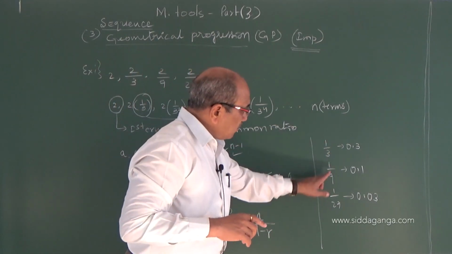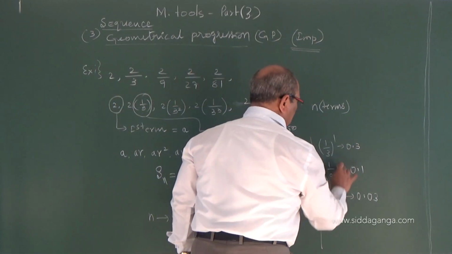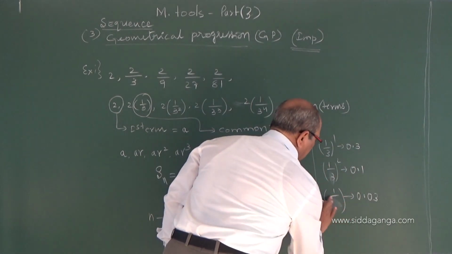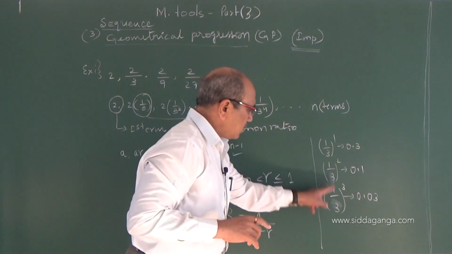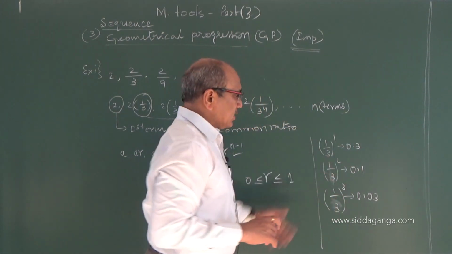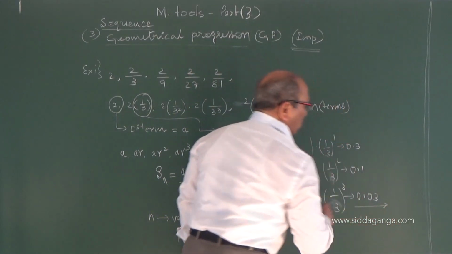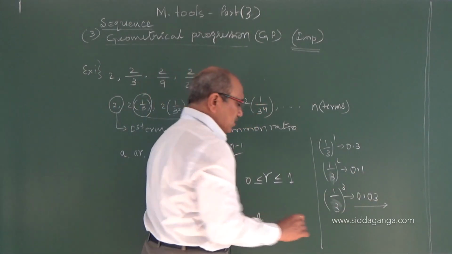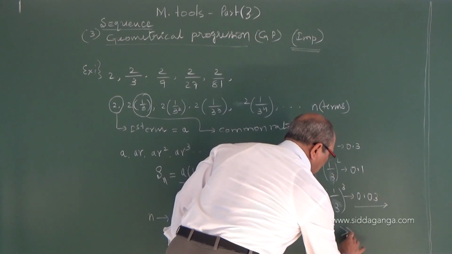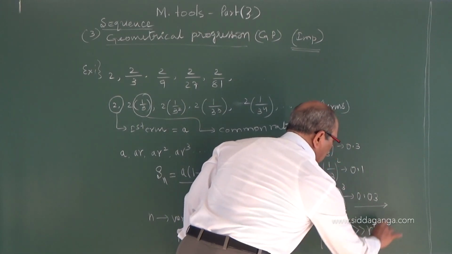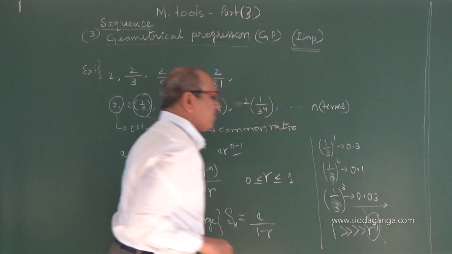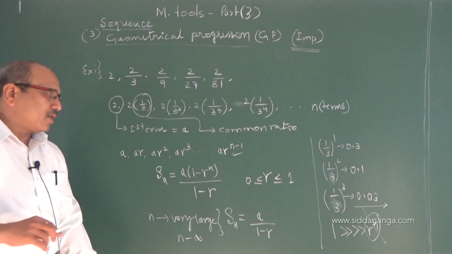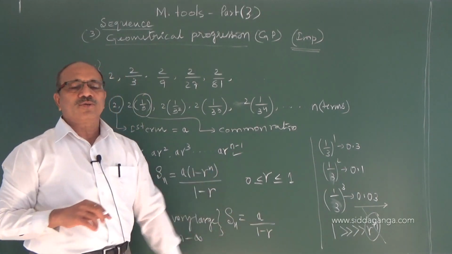So as the power increases, 1, 2, 3, this value tends to become smaller and smaller. When n becomes very large, 1 is very much larger compared to R power n. Hence this R power n is neglected, and we write only Sn equal to A upon 1 minus R. This is very important too.